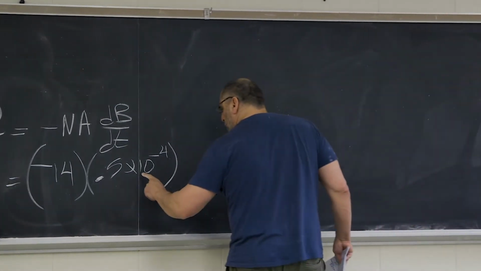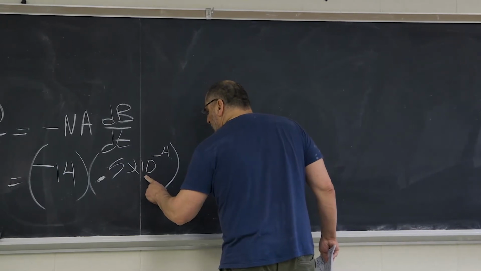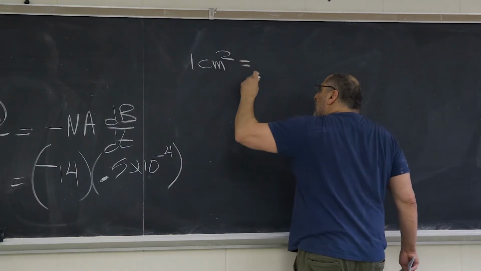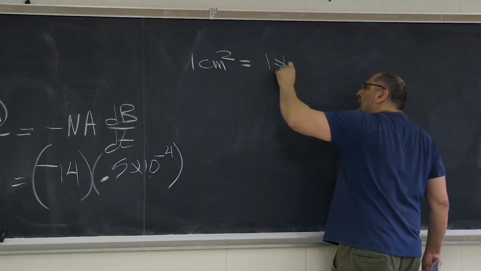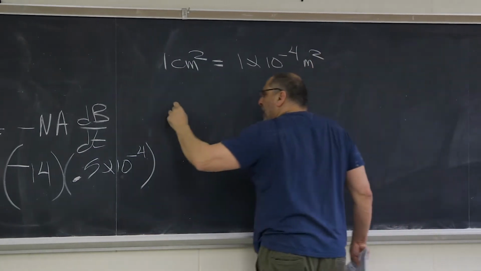We figured out this was in square centimeters, and we converted square centimeters to square meters. Remember, 1 square centimeter is 1 times 10 to the negative 4 square meters. How does that work?